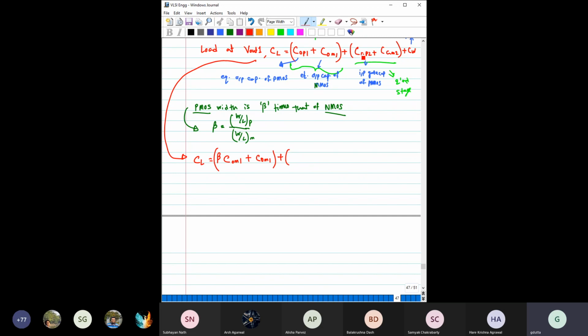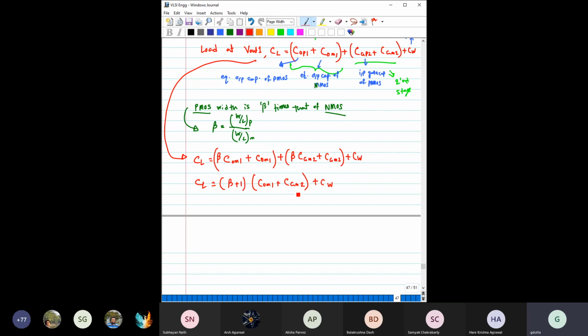Similarly, the input gate capacitances are also linearly proportional to the width, so here we can write beta times CGN2 plus CGN2 plus CW. You will understand why we are doing this. This is the total capacitance, and now everything is represented in terms of the NMOS.